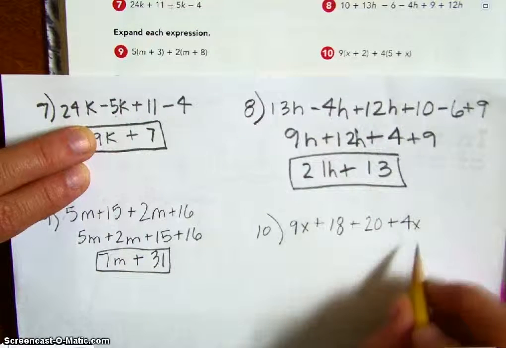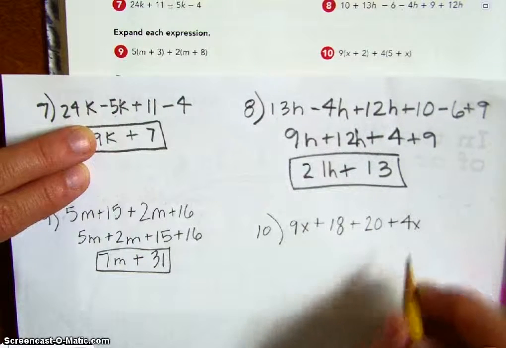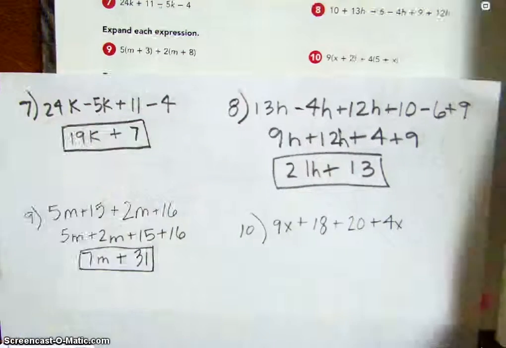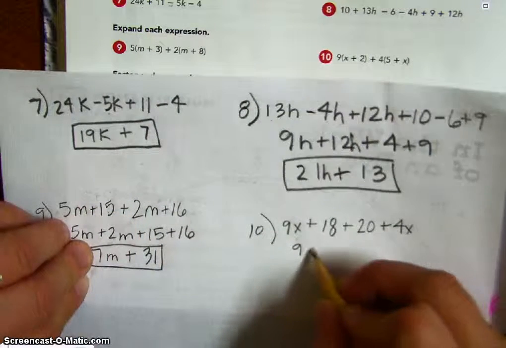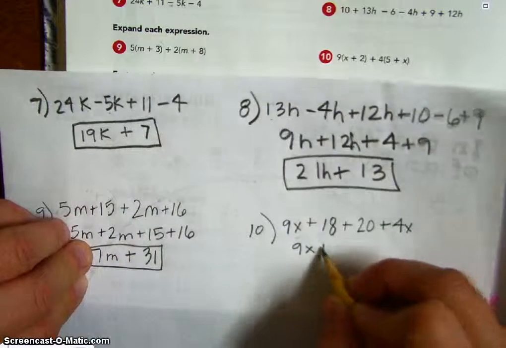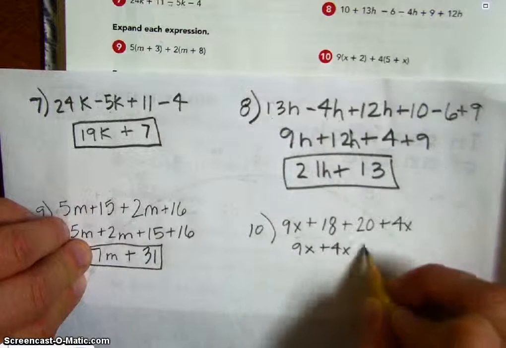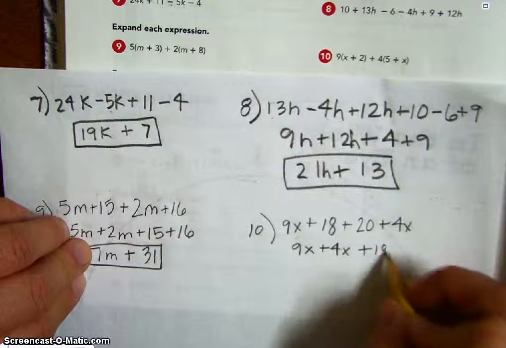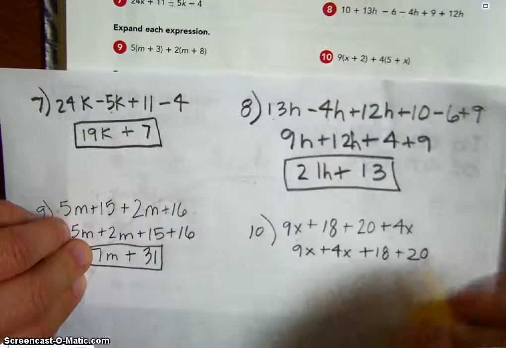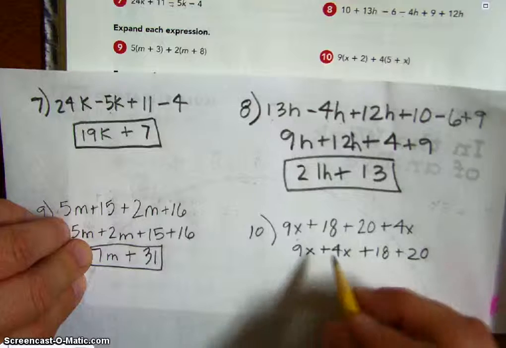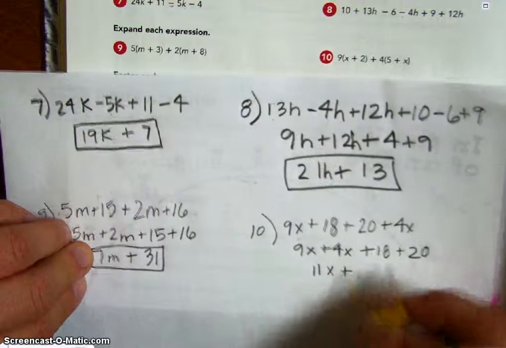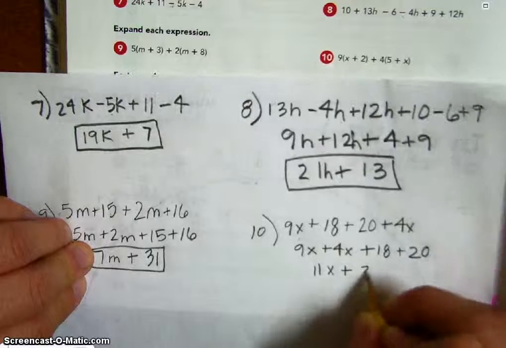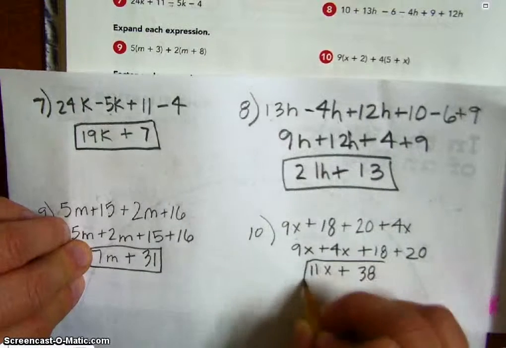Now we put our like terms up there, and we're just going to rearrange, remember how we do to show our work: 9x plus 4x, and then plus 18 plus 20, and now we combine them. 9x plus 4x is going to be 11x, plus 18 plus 20 is going to be 38. So that is our answer for that.